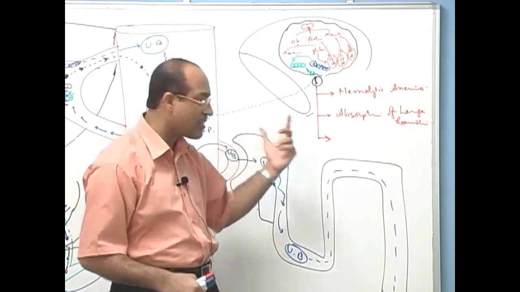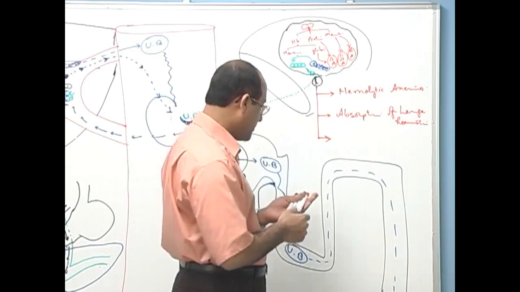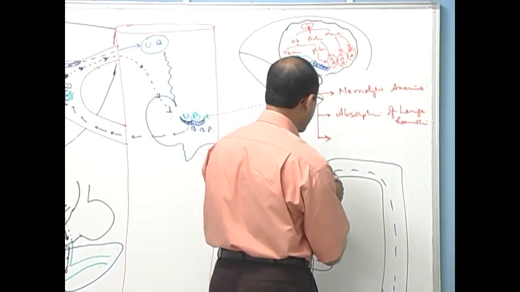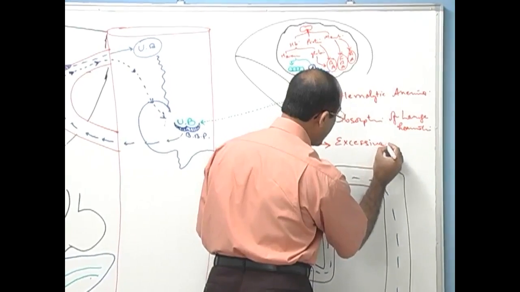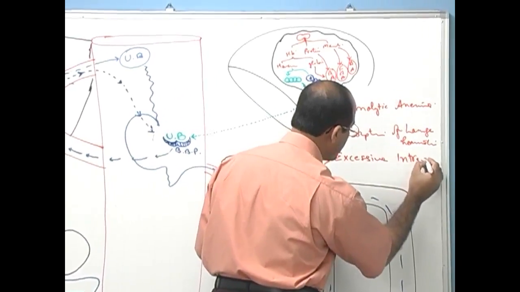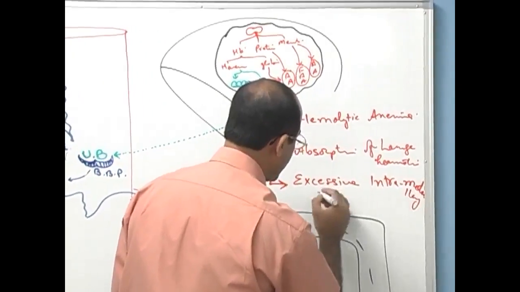The liver cannot handle that, and that may end up in unconjugated hyperbilirubinemia. So we can say excessive intramedullary hemolysis.